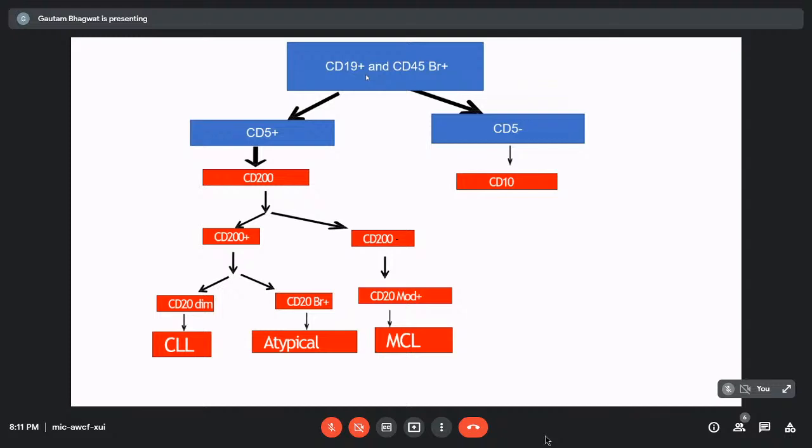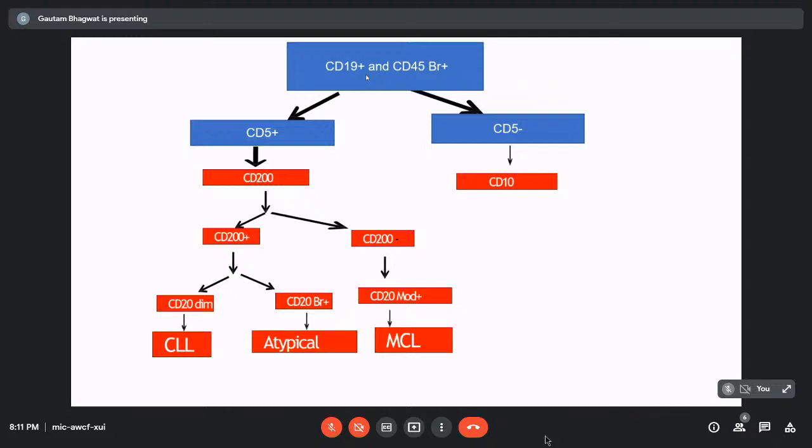So CD45 is bright. As these are BCLPDs which we are talking about, CD19 is also positive. So once you get something from the clinical assessment, something from the morphology looking like a CLPD, you put CD19, CD45, you get CD45 and CD19 expression. You presume it is a CLPD and move forward.